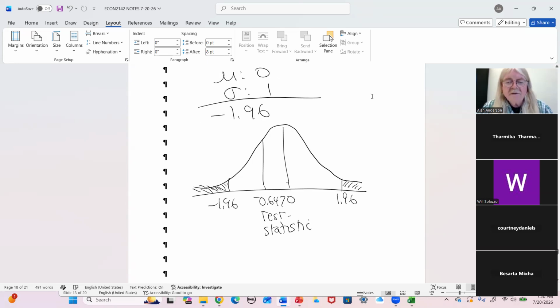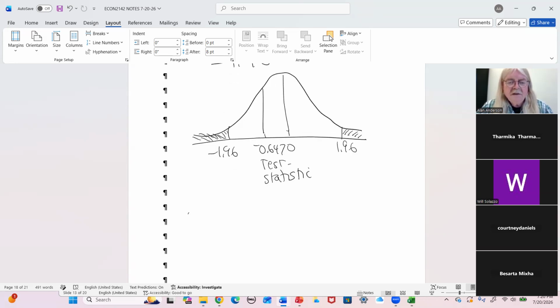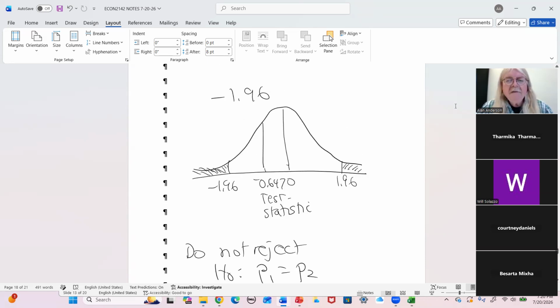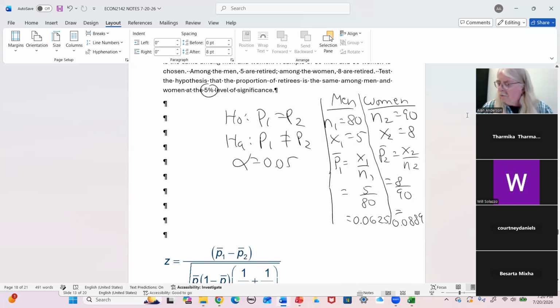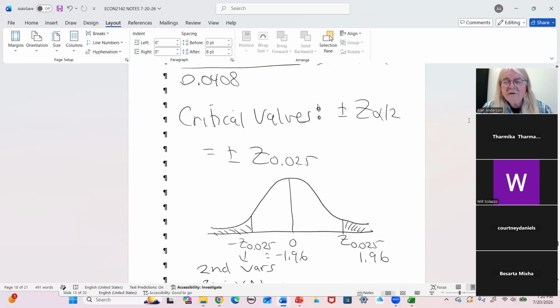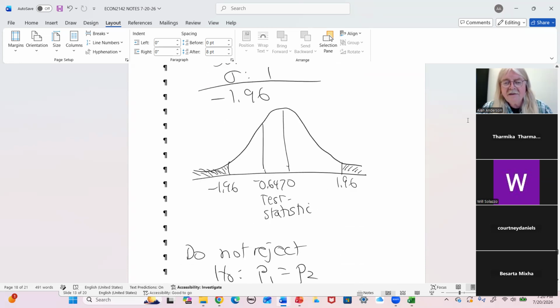So clearly we do not reject the null, that the proportions are equal to each other. And that just simply means that for the proportion of men and women who are retired, there's no evidence to show that it's different, okay?